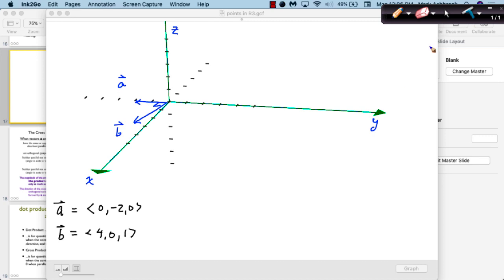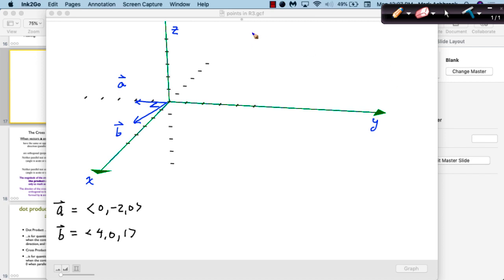Okay, so that's a right angle right there, right? Everyone, can you imagine that that's a right angle? So what do we know right away about the cross product here?